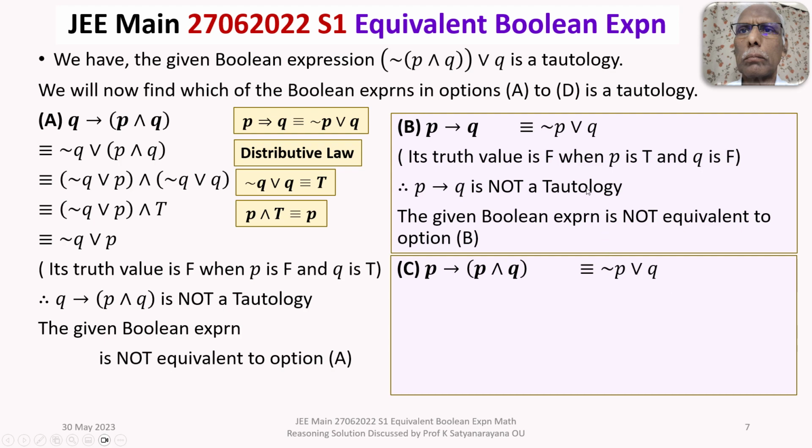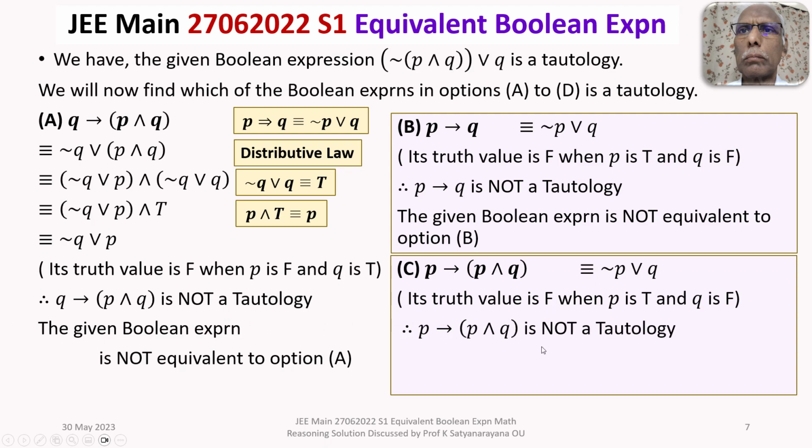As above, its truth value is F when P is true and Q is false. Therefore, this is not a tautology. When this is not a tautology, the given Boolean expression is not equivalent to the Boolean expression given in option C. Therefore, we have ruled out A, B, C. So obviously, the answer is D.